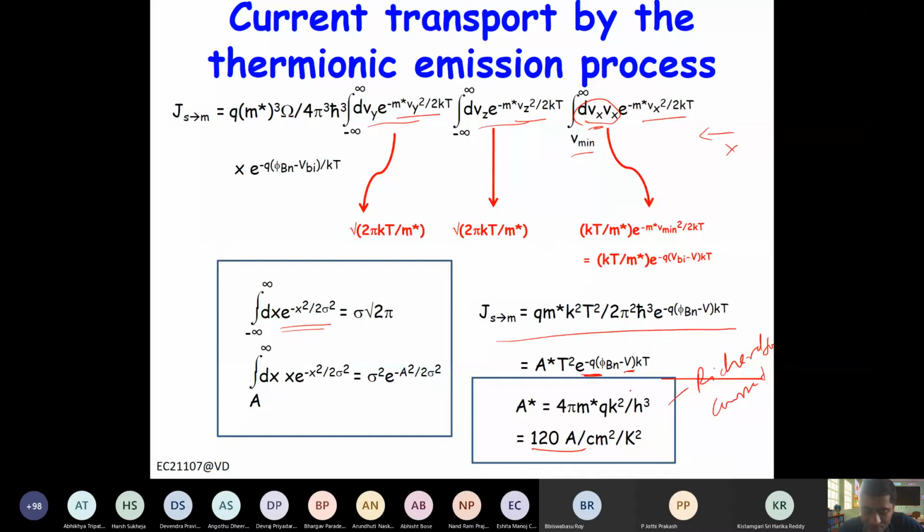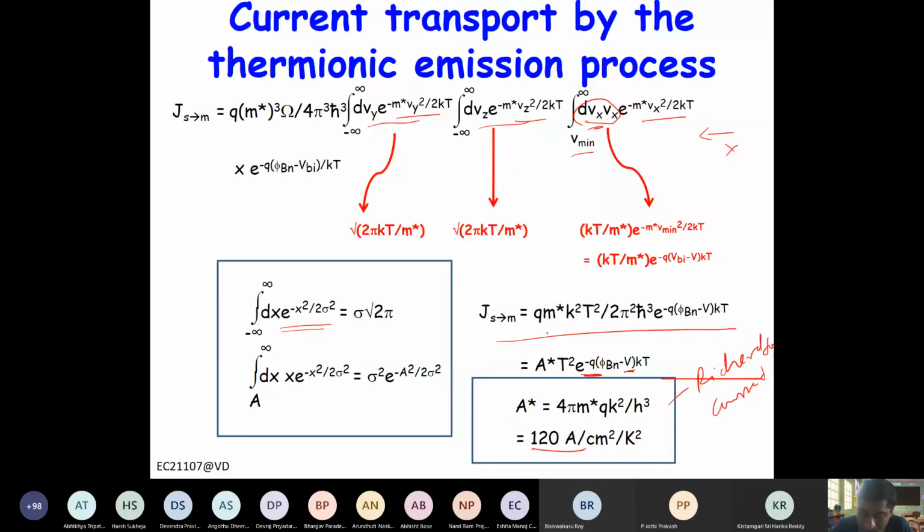So it depends on both the barrier from the metal side and the applied bias, which basically changes the barrier height from the semiconductor side, and this coefficient is proportional to temperature square. And k is the Boltzmann constant.